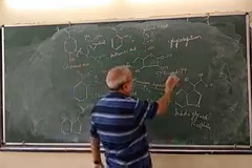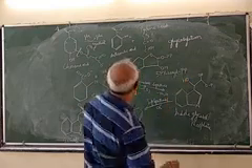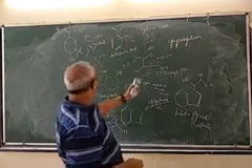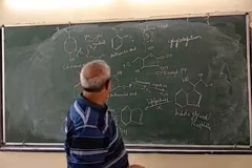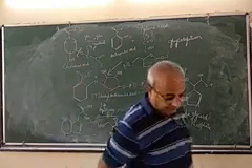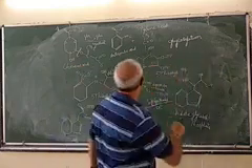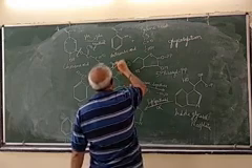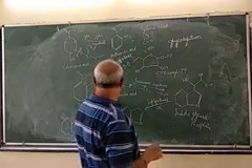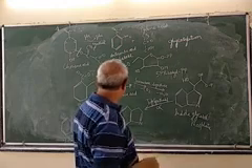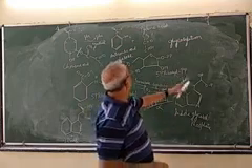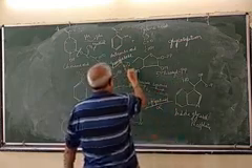Here 5-phosphoribosyl pyrophosphate is attached at the amino group, the NH2 group, as a result of which 5-phosphoribosyl anthranilic acid is formed, and the enzyme is a transferase. This is the second step.